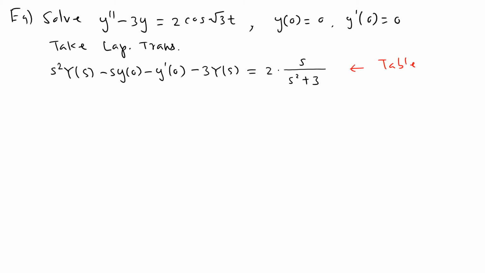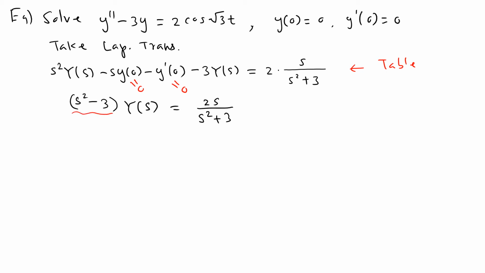Good. Now we're going to substitute the values that we have. You can see that this is 0, this is 0, so those two terms are gone. So you simply end up having s squared minus 3 times Y(s) on this side, and here we have 2 times s over s squared plus 3. Now we know what to do. We can divide by this factor.